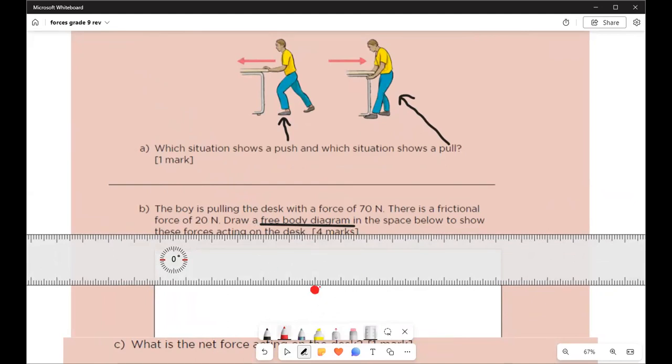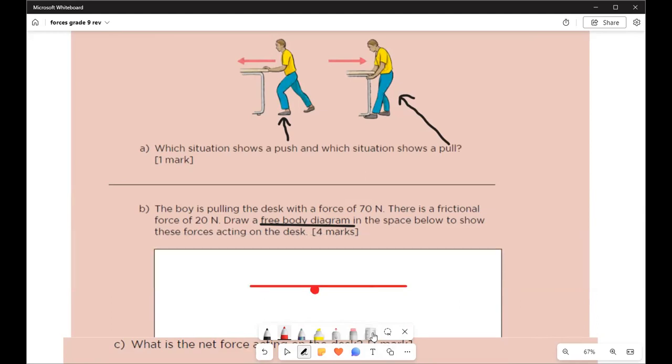So it's pulled how many centimeters? 1, 2, 3, 4, 5, 6, 7, which is 70 newtons. And then the frictional force is 1, 2, 3, 4, 5, which is 50 newtons.